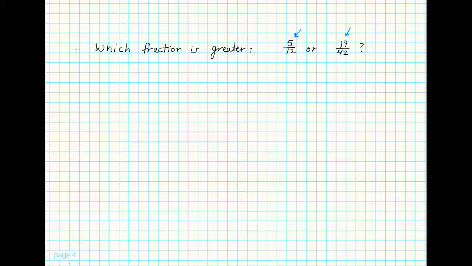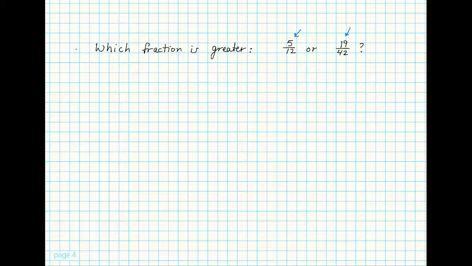So you might be able to sort of guess, and hopefully you see that 5/12 is a little bit less than half, because 6/12 would be exactly half. 19/42 is also a little bit less than half, because 21/42 would be exactly half.